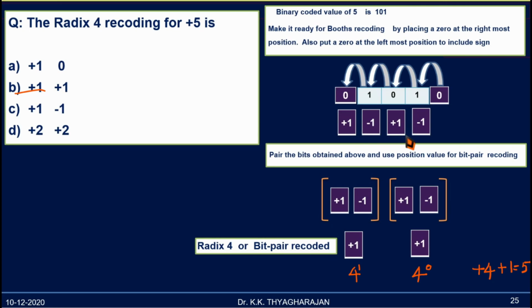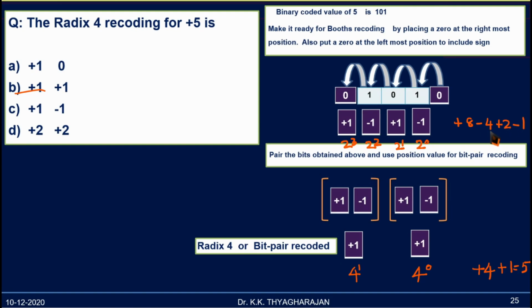See, here also you can cross-check the Booth's recoding. Here, the position values are 2 power 0, 2 power 1, this is 2 power 2, and this is 2 power 3. That means this is 1, 2, 4, 8. So you have +8 here, then -4, then +2, then -1.